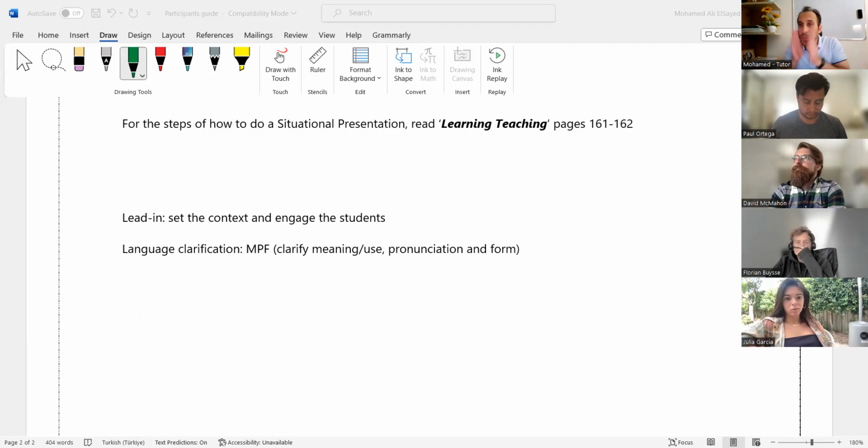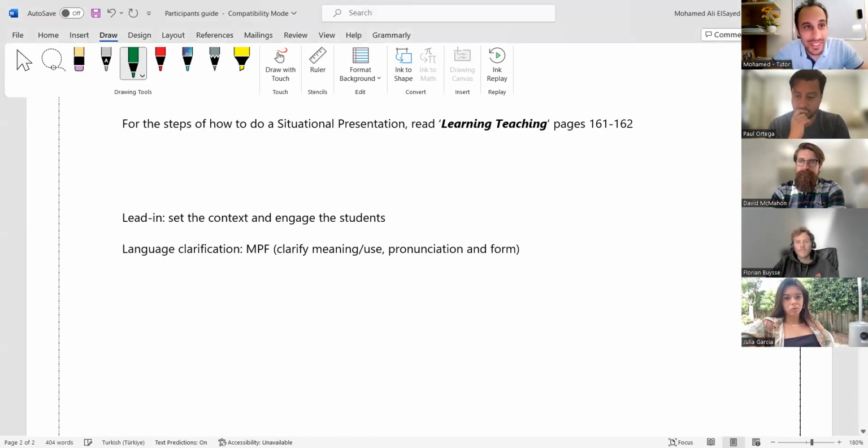So, meaning, pronunciation, and form. The main 3 aspects that you need to clarify are meaning, pronunciation, and form. MPF. And there are 4 steps to do that.